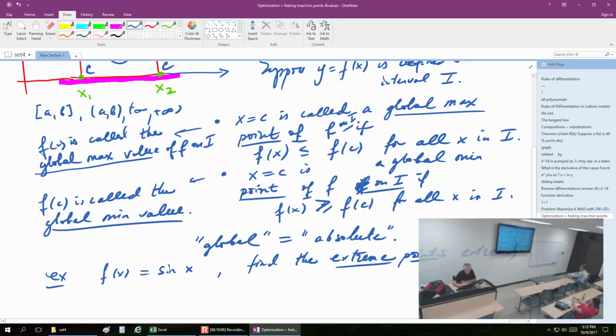This is a collective word that includes both minimum and maximum points. These are two very important characteristics of a function: how far up it goes and how far down it goes. So these are two questions. In other words, the graph will be bound between those two values if they exist.